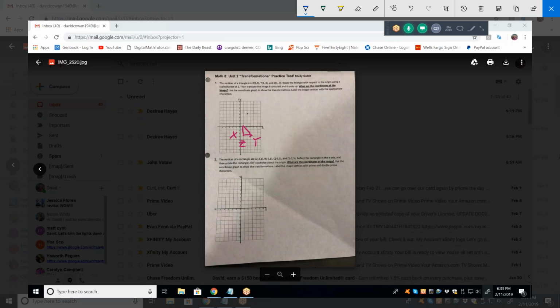The point that is X, where's X prime going to be after you dilate it by a factor of 2? It's going to be at 2, 0. Exactly. So that's X prime.